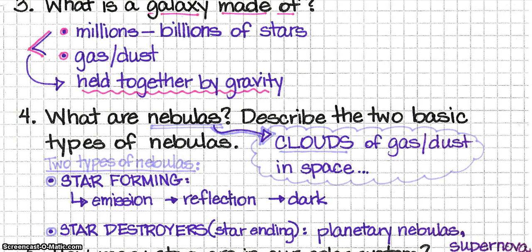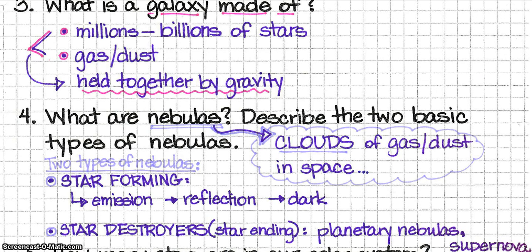You have nebulas that form stars, such as emission, reflection, and dark nebulas. There are pictures of each type of those in your textbook. I think they gave you a picture of the Orion Nebula for your emission nebula. They gave you the blue fuzziness around the Pleiades.